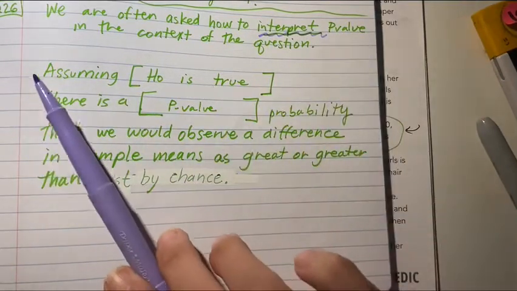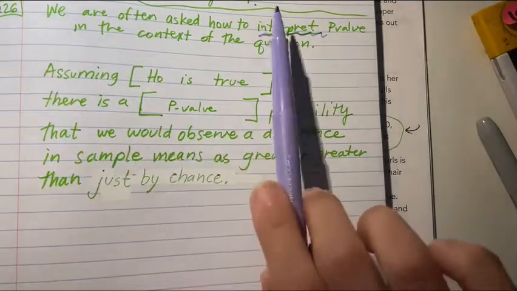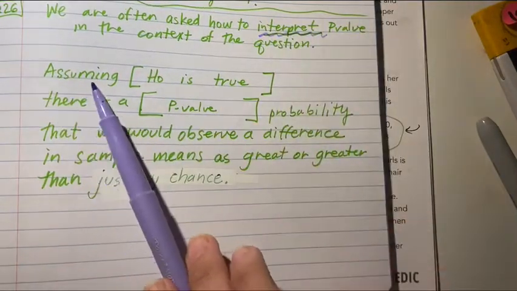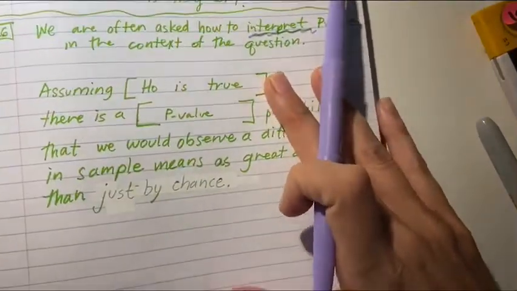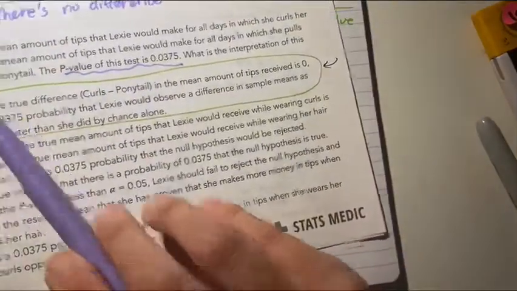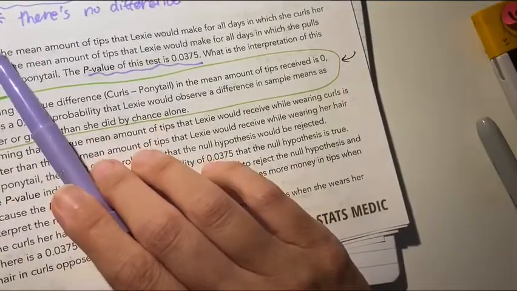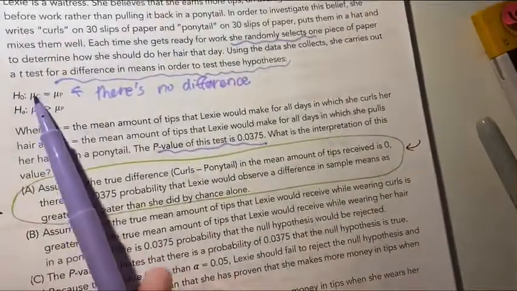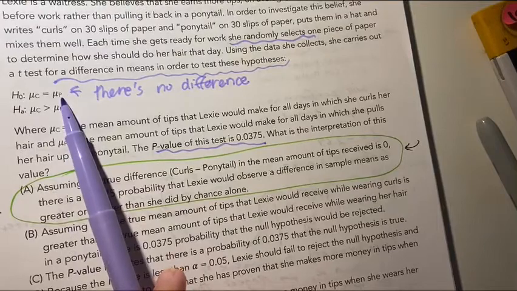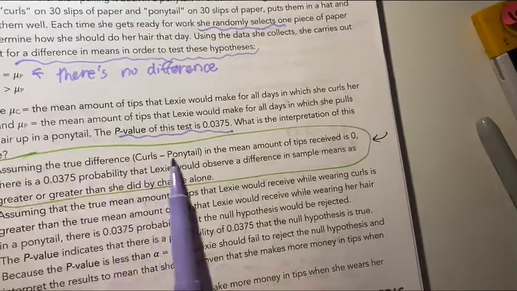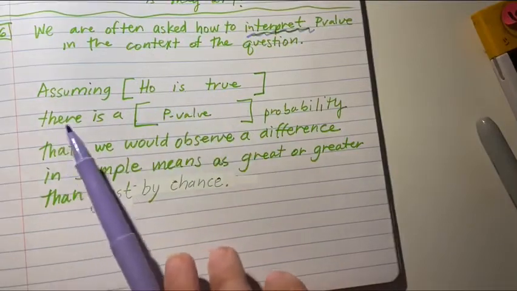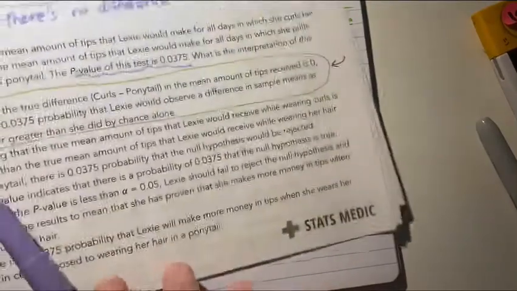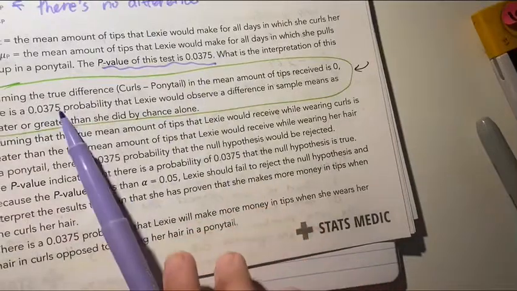Okay, so we say, when I interpret a p-value, I say assuming H sub O is true. So if I go back here, that's what they said here. Assuming that there is no difference between the average orders with curls or the average orders with ponytails. Assuming that there is no difference, that is what H sub O is. There is a p-value, and they took the p-value and plugged it in.